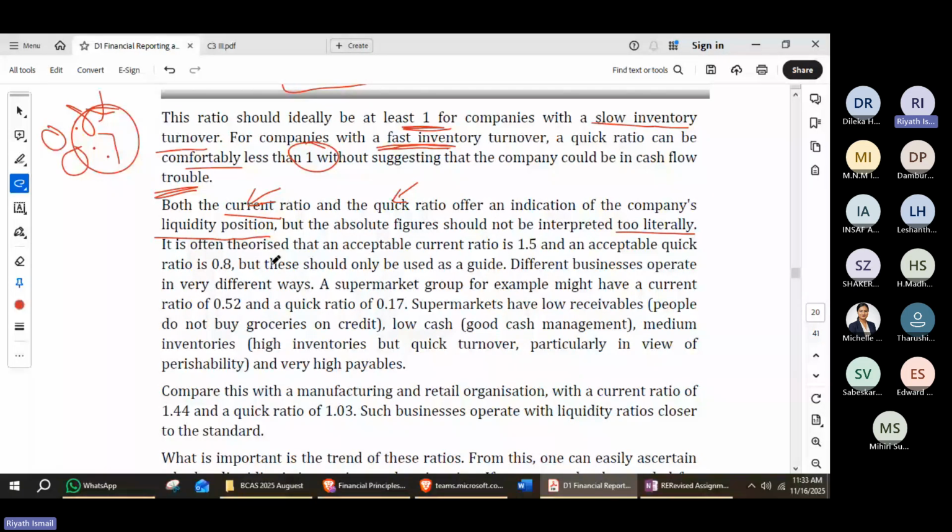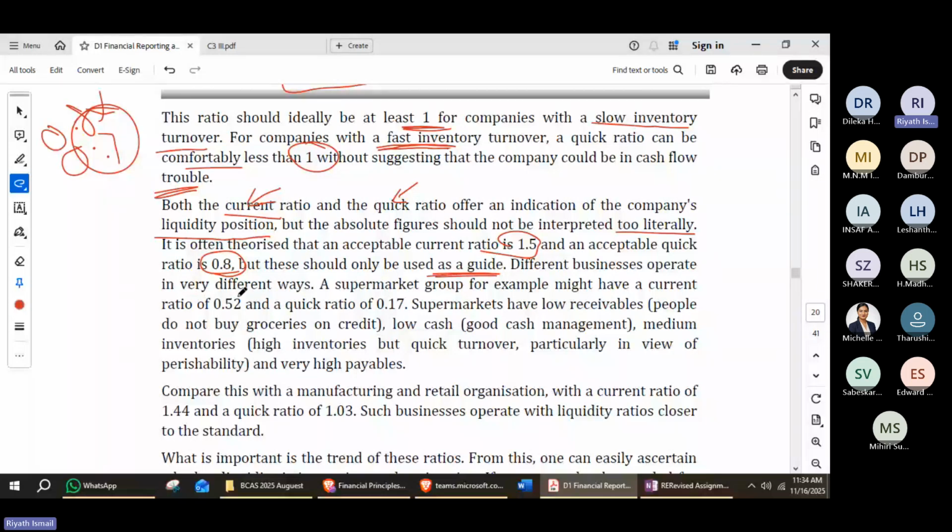It is often theorized that the acceptable current ratio is 1.5 and the acceptable quick ratio is 0.8. But these should only be used as a guide, not a strict rule of thumb.